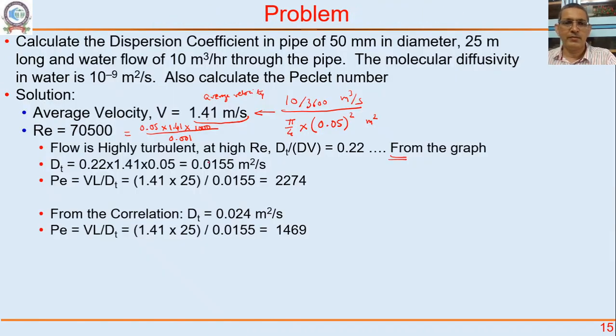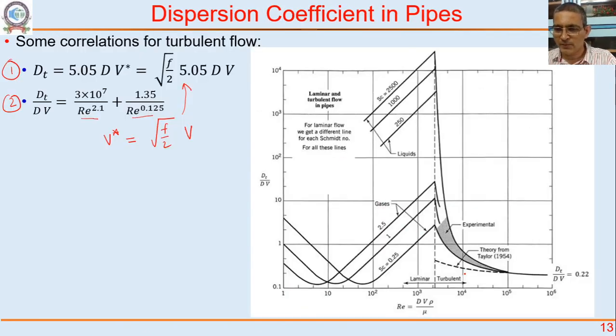Re is 7 into 10 raised to 4. Look at this graph: this is 10 raised to 4, 10 raised to 5, so 7 into 10 raised to 4 would be somewhere here.